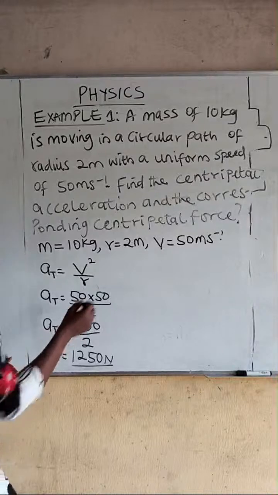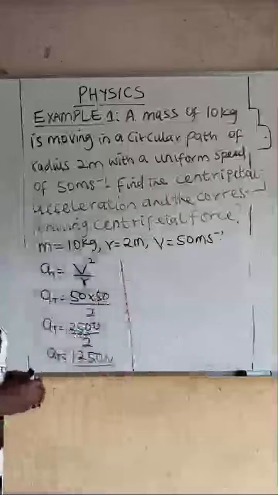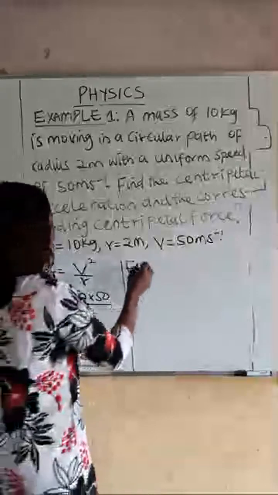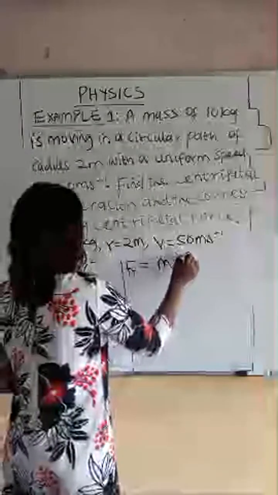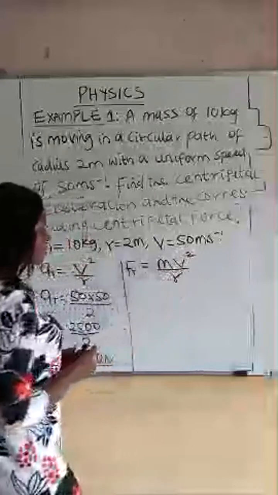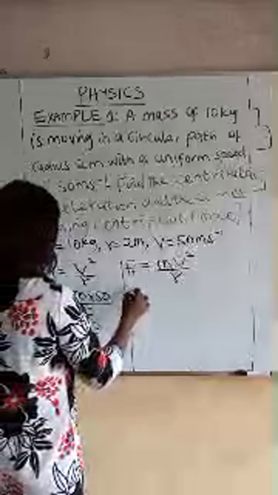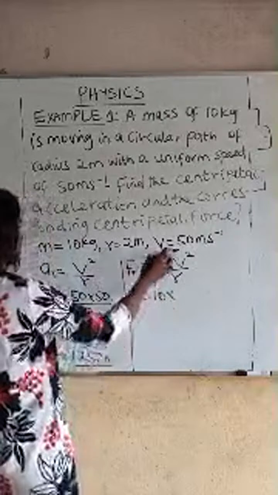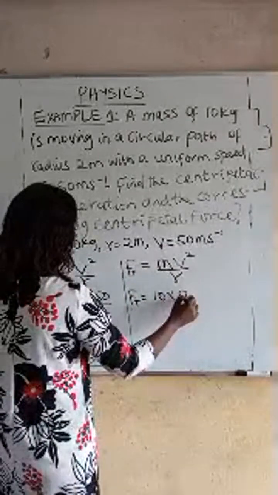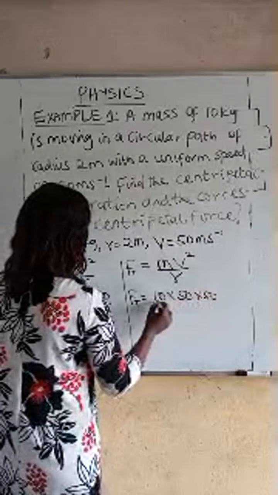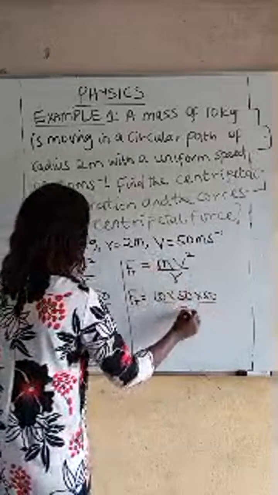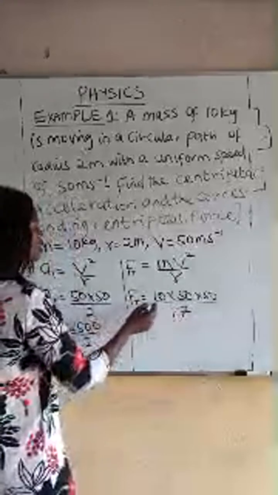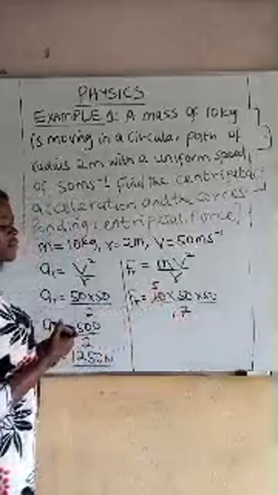All right. Now, for centripetal force, the formula is mv squared over r. So let's substitute. My m is 10 times my v is 50, 50 times 50, divided by my radius, 2. These 2 can cancel to give us 1, and 10 divided by 2 gives 5.